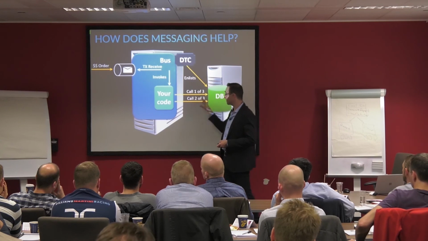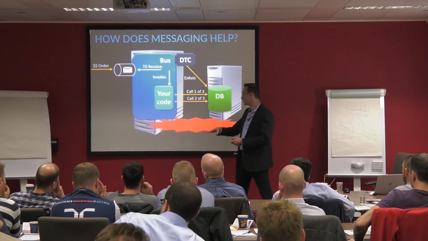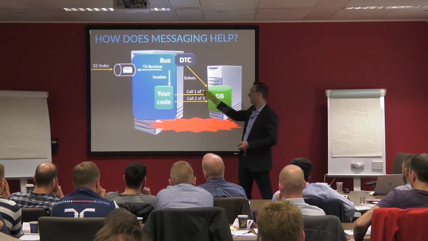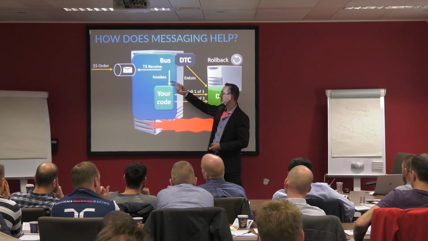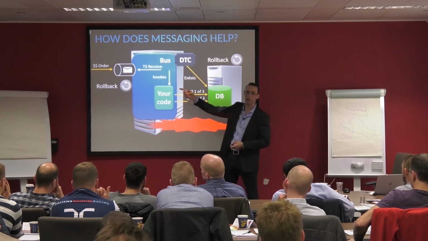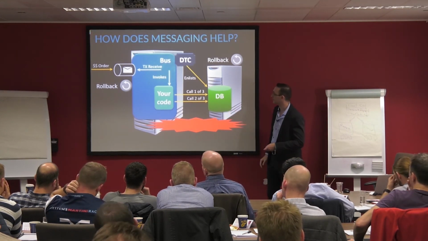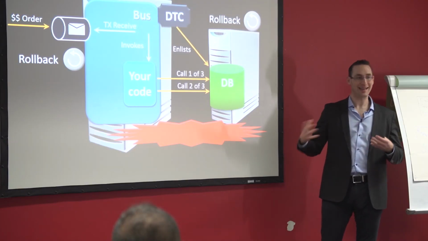Fundamentally, when something goes bad, whether we're talking about this server crashing, the database being unavailable, etc., what effectively happens is that exception bubbles back, causes the message to roll back to the queue, and the database as well. Obviously, it's going to roll back eventually. But the important thing is that by default, data isn't lost.